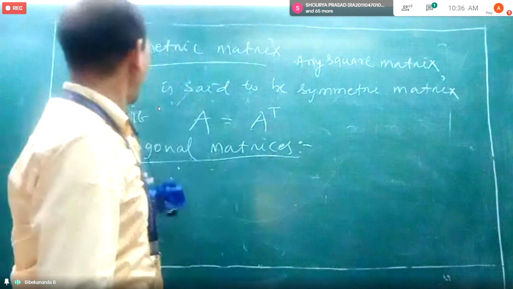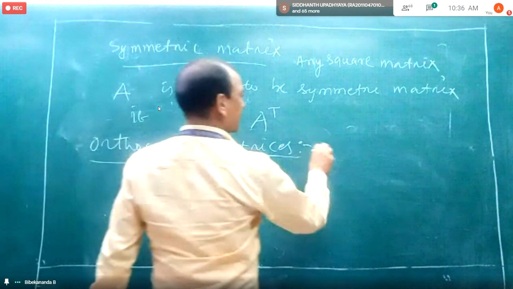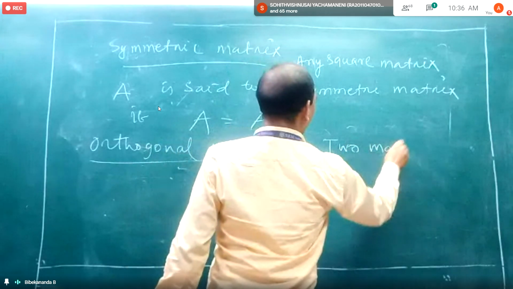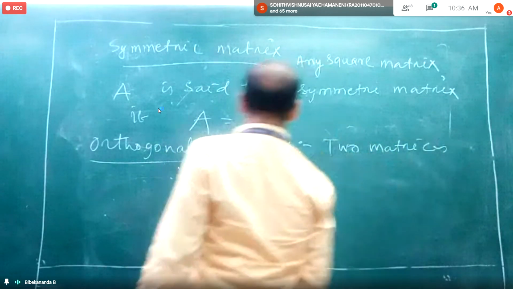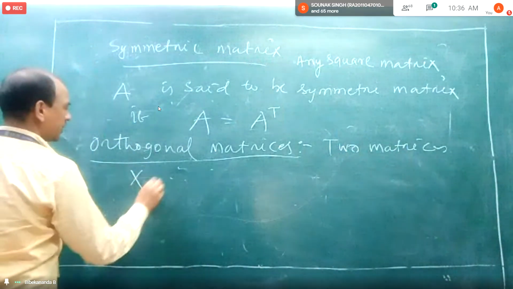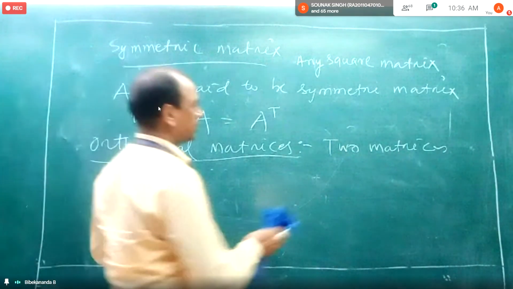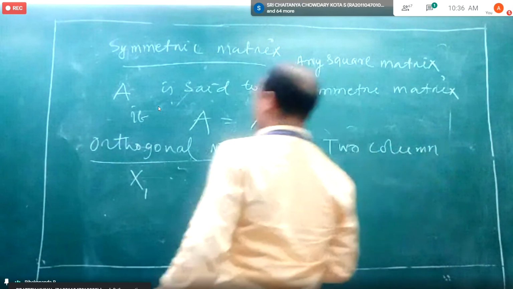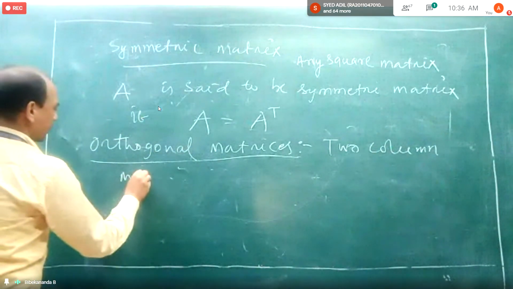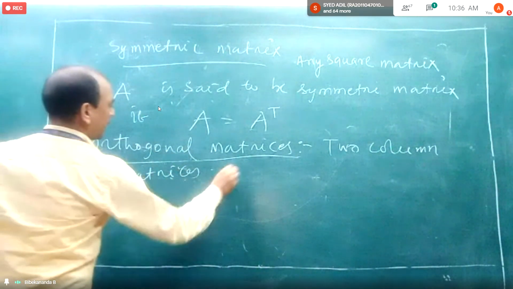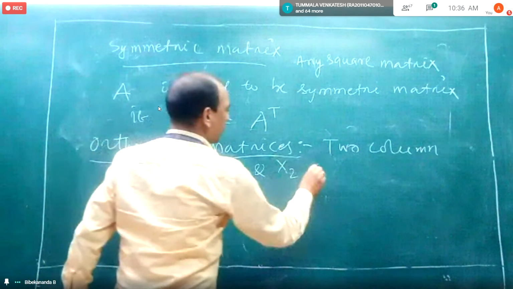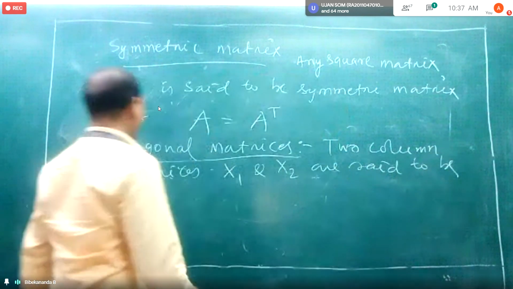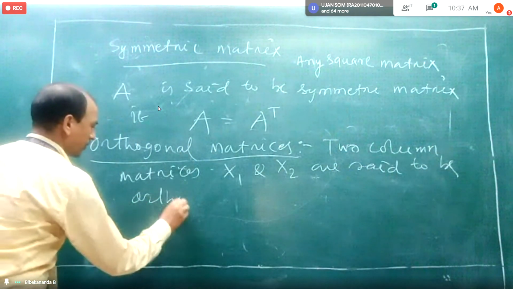The two column matrices X1 and X2 are said to be orthogonal.